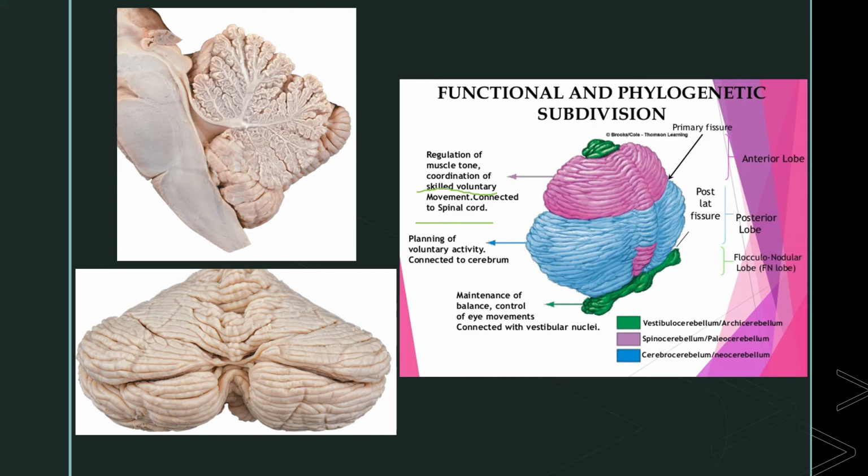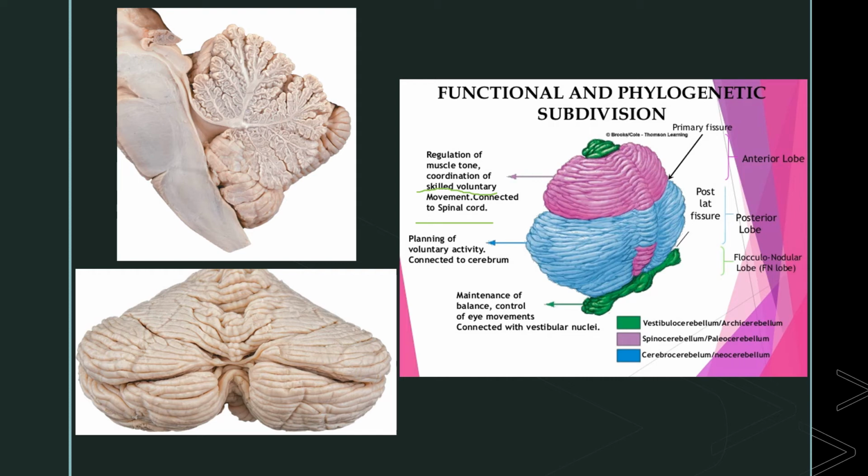So muscle tone, voluntary activity, planning of voluntary activity. So this is that change of direction stuff, maintenance of balance, precise eye movements. So really precise eye movements, the cerebellum is involved in.